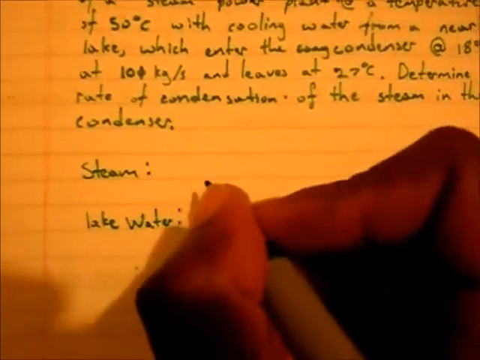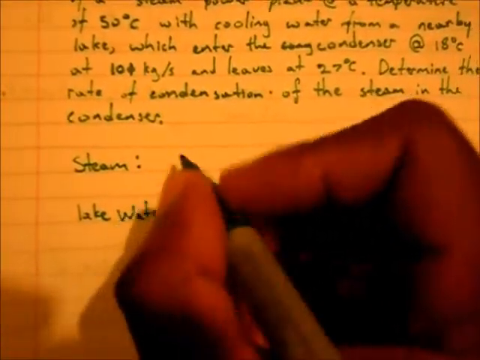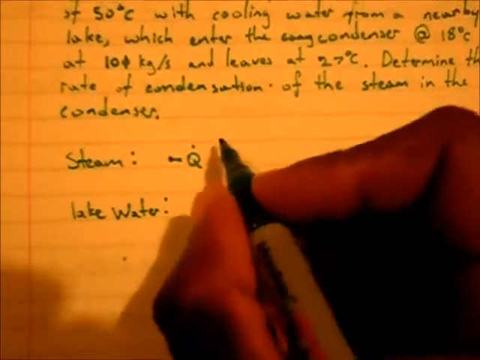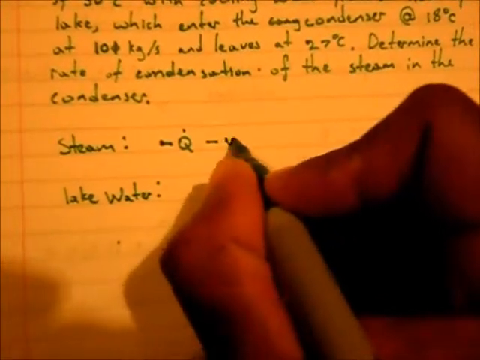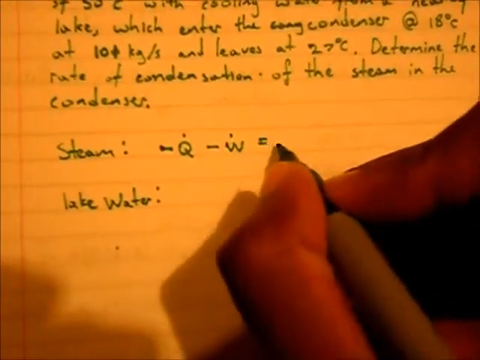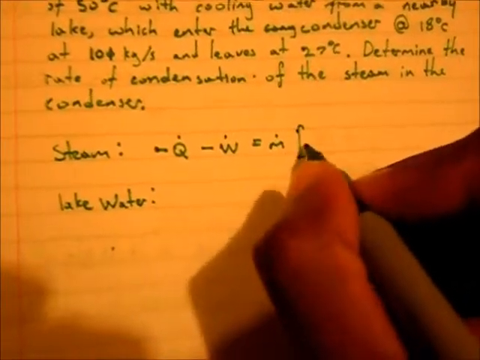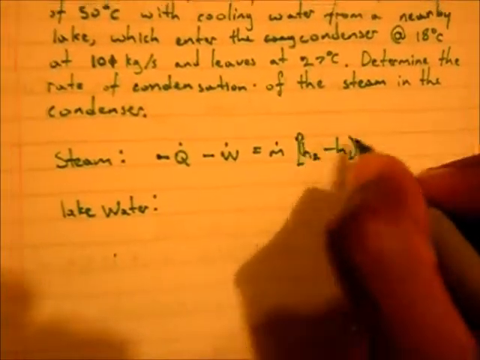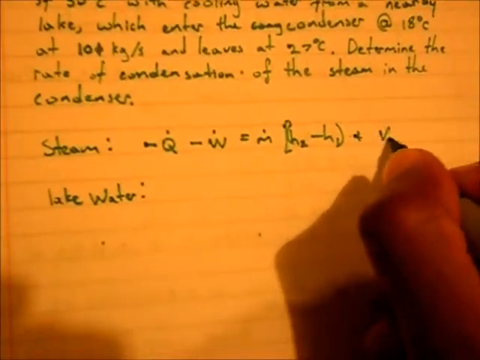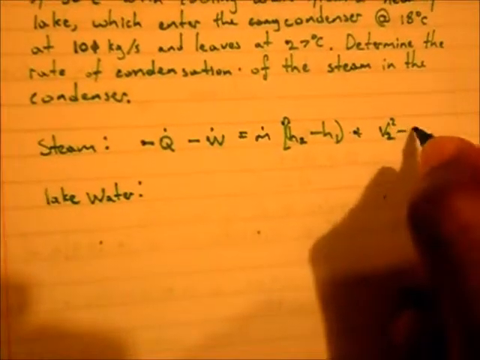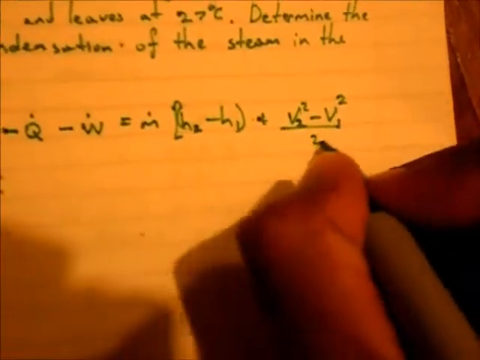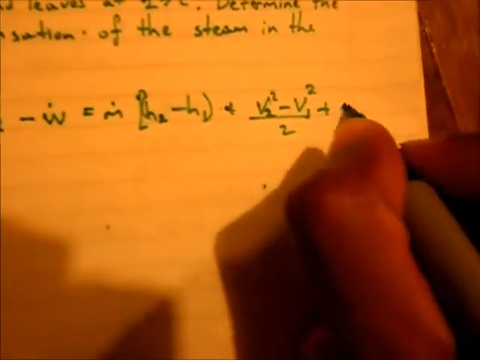Okay, and for the steam, let's first write the equation. So you have Q dot minus W dot equal to m dot times (h2 minus h1), plus (V2 squared minus V1 squared) over 2, plus g (z2 minus z1).